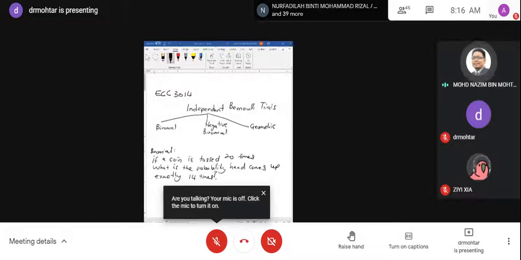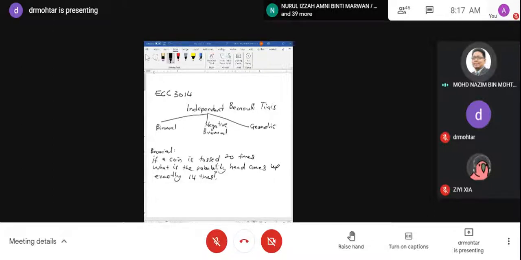So the binomial distribution is the distribution of the number of successes in independent Bernoulli trials.